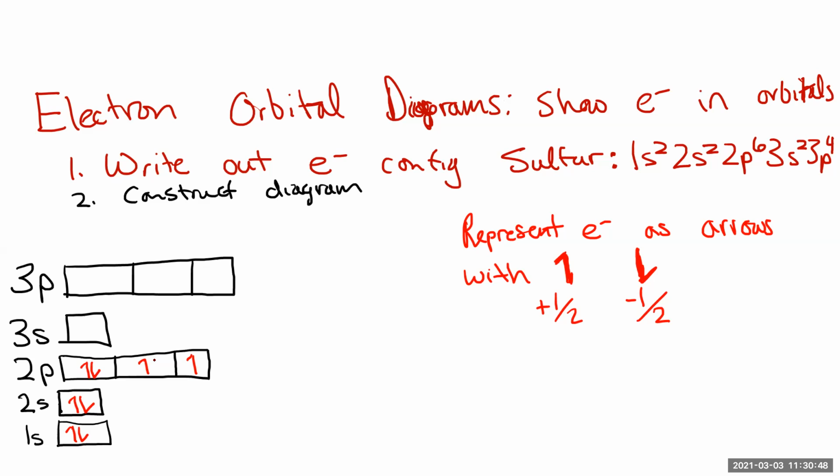Then we get 4, 5, and 6. In the 3s, we now have just 1 and 2. And in the 3p, you can see we have 4 electrons. So we go 1 electron, 2 electrons, 3 electrons, and finally the 4th electron falls into somewhere like so.